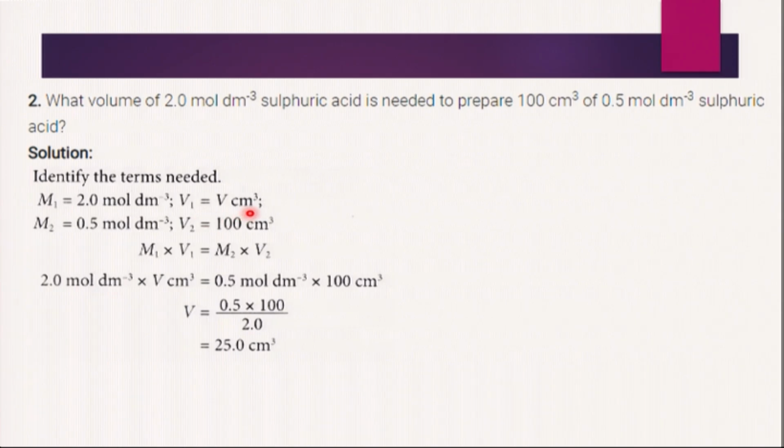V1 is not known because that is the volume that we are asked. M2 is 0.5, that is the diluted. V2 is 100 cubic centimeters. Then, what will be the V1? Just substitute in this. It is just a substitution, 25 cubic centimeters.